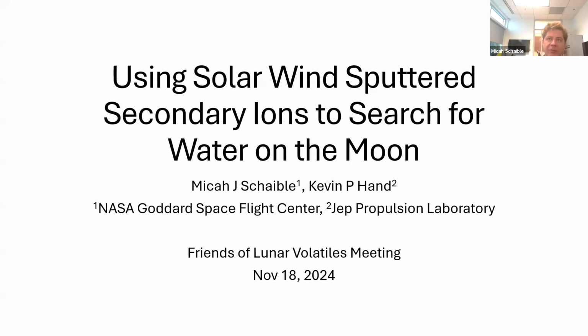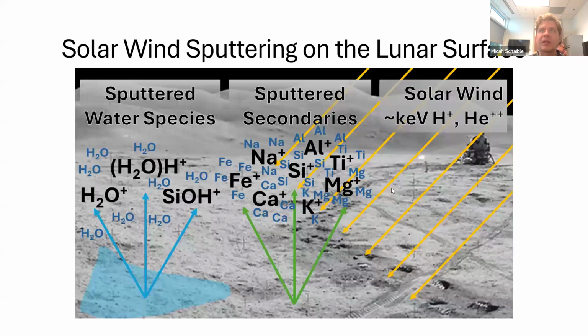And so the scenario that we're thinking about in this work is using the solar wind ions as a source of primary ions, which then produce secondaries on the surfaces of airless bodies.